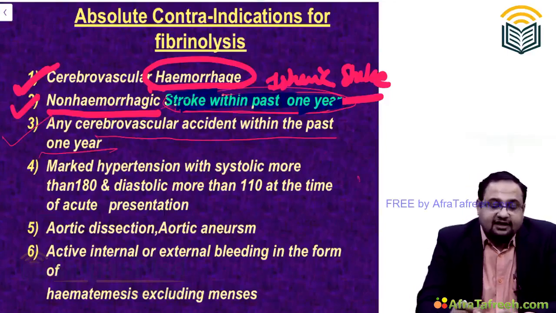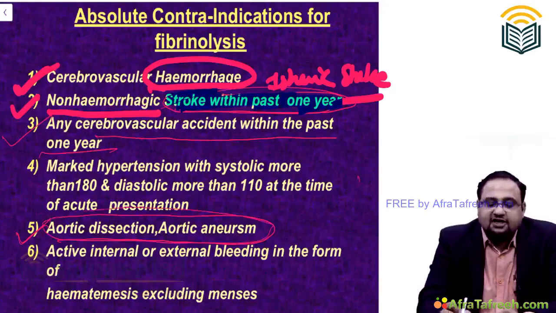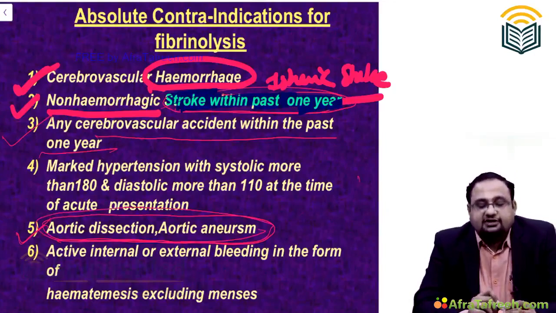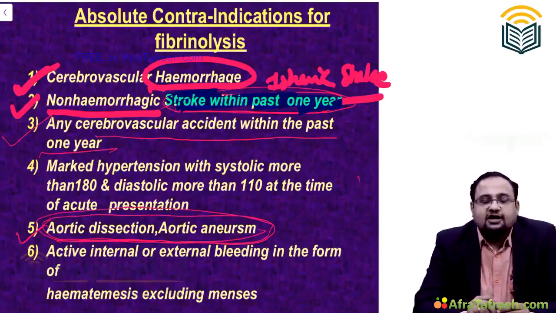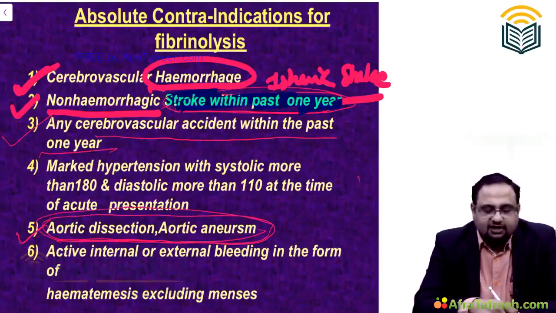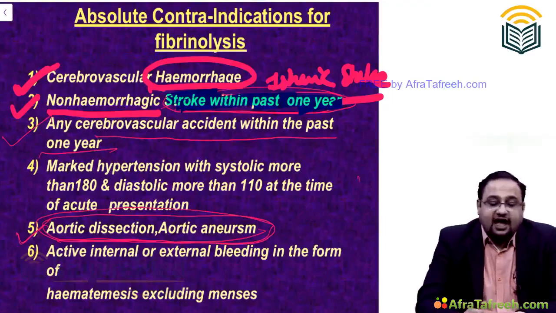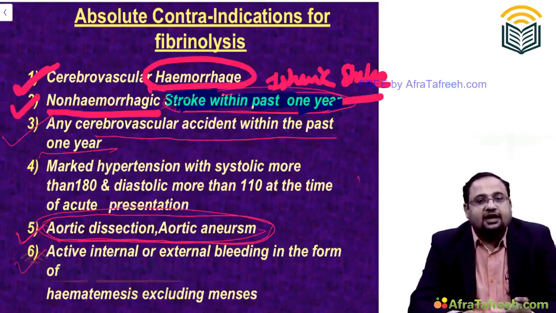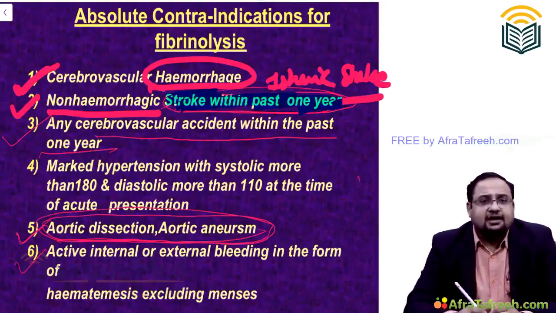Okay, next is aortic dissection and aortic aneurysm. Again, this is an absolute contraindication. If a patient is having aortic dissection or aortic aneurysm, it is a contraindication for the thrombolysis. Next, any active internal or external bleed, which also includes the menses bleeding.